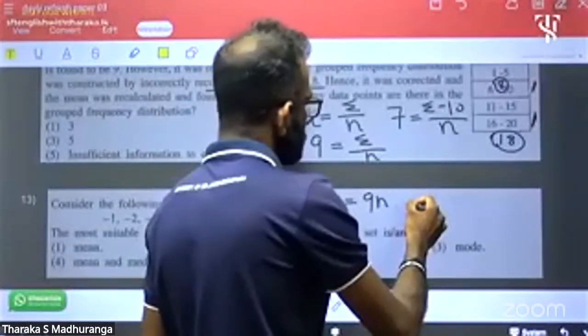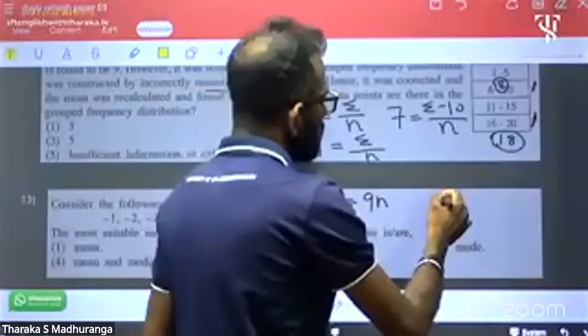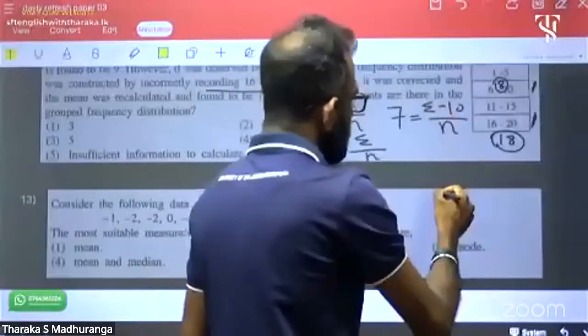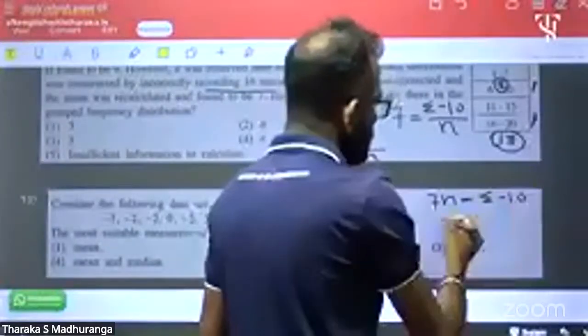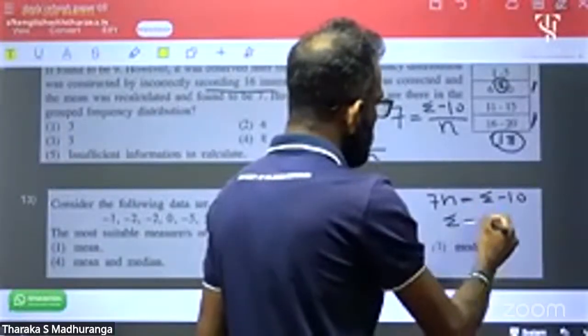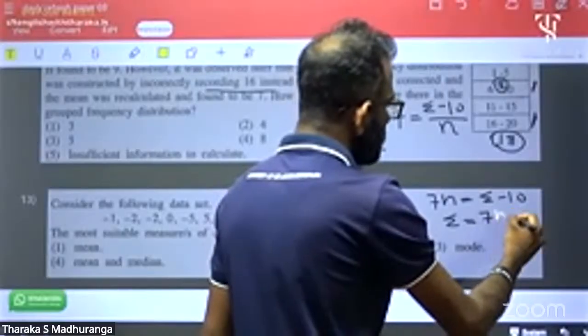Cross multiplication. 7n equals sigma minus 10, so sigma equals 7n plus 10.